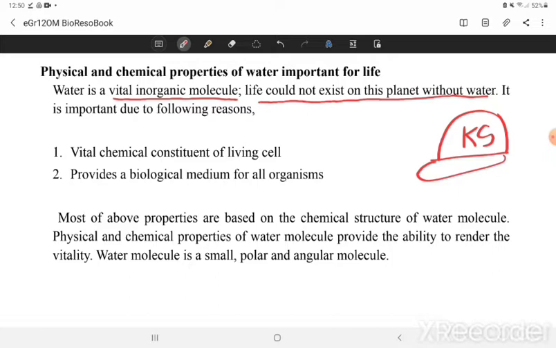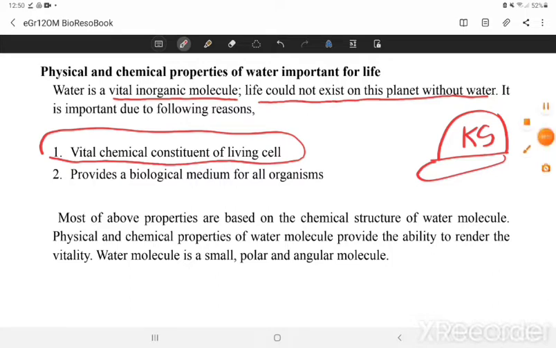Number one, it's a vital chemical constituent of living cells. If you consider a living cell, it's present in your living cells.